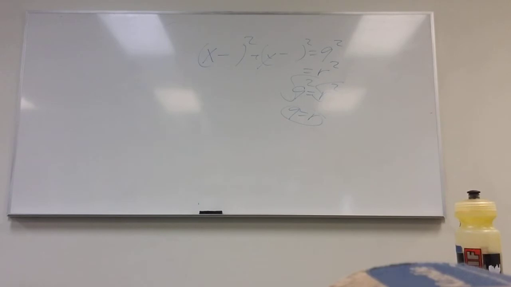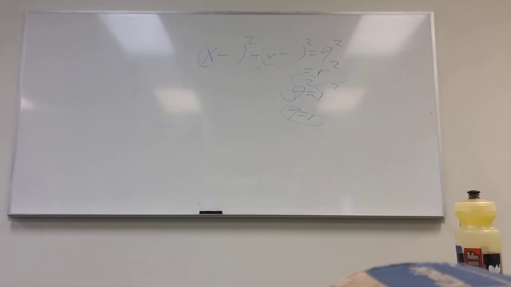The first one fails the horizontal line test, right? It's a parabola, and so it's not invertible. And so the inverse doesn't exist. It would be invertible if and only if we restricted our domain, right? But I didn't, so it's not an invertible function, as is.